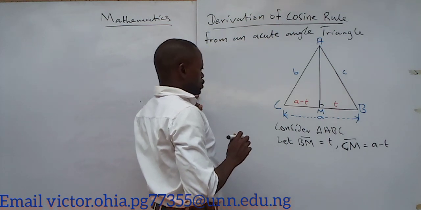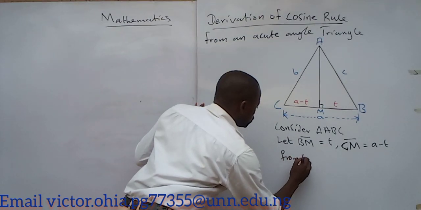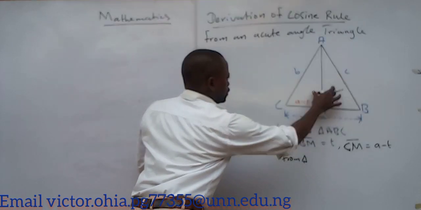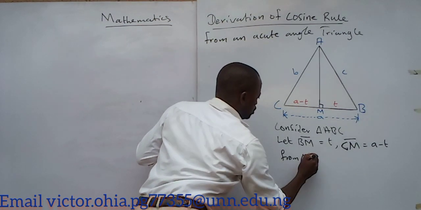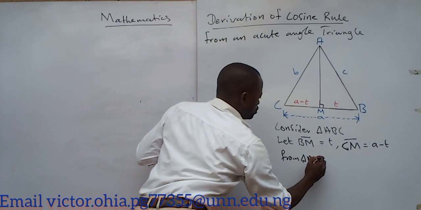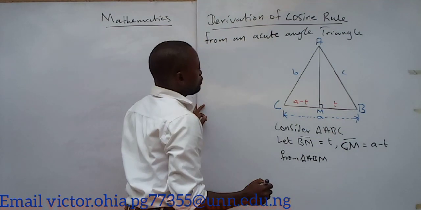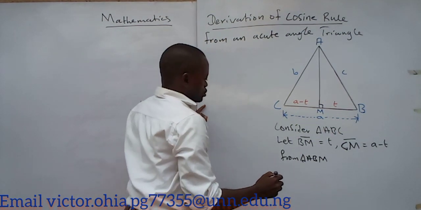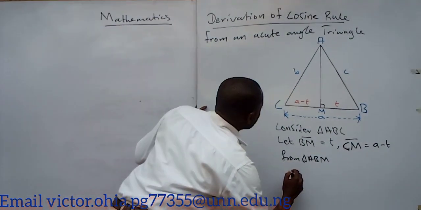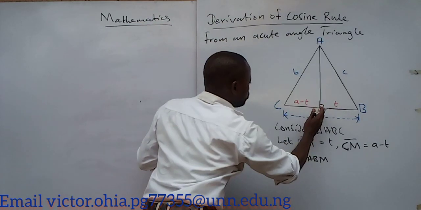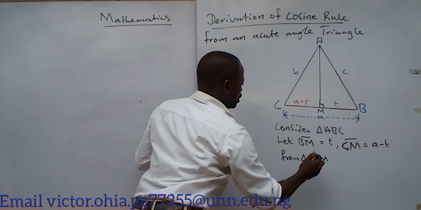Now, there are two triangles here. From triangle ABM, let's bring in Pythagoras theorem. It states that opposite squared plus adjacent squared is equal to the square of the hypotenuse.